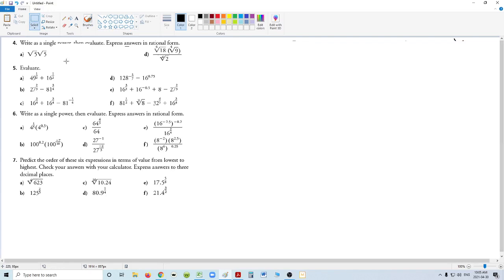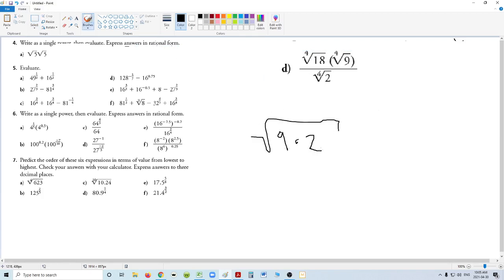Okay. This last one's the same trick. If you look at the 18, you're going to discover 18 is 9 times 2 to the 4 root, which is the same as the 4 root of 9 times the 4 root of 2.